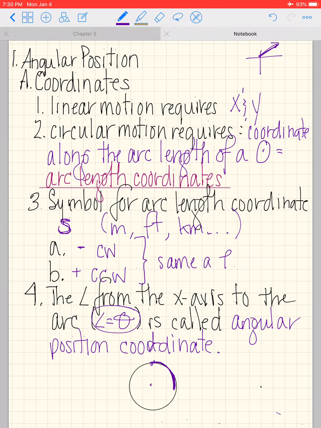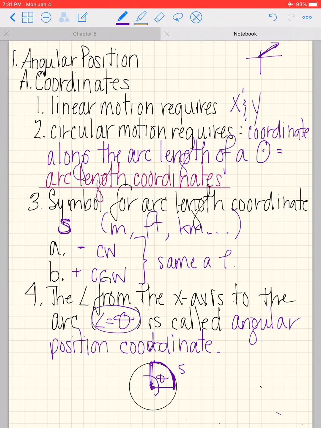So if this is the center of my circle, and it doesn't really look quite centered, but we're going to pretend that it is, then my arc length here is S, but my angular position is theta, and it's my central angle in the circle.